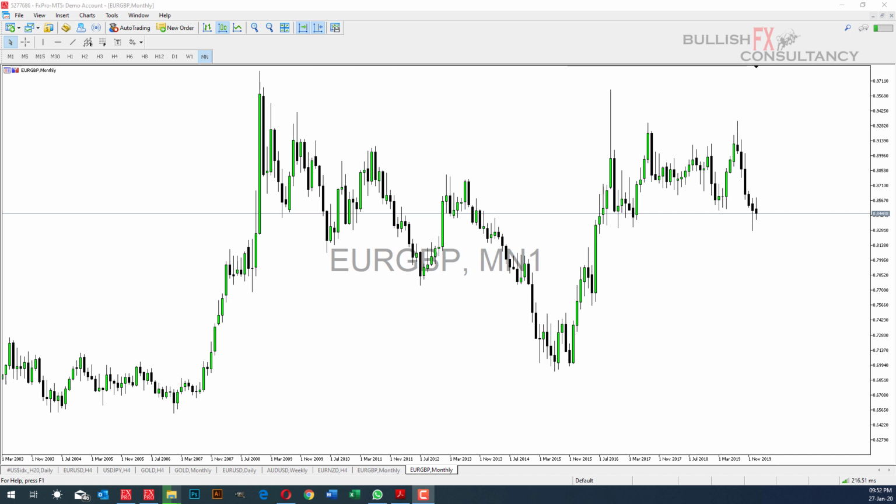So I did ask in the group this afternoon regarding this pair, what can you see on a monthly chart? I'm going to try to make this video as short as possible, preferably not more than 5 or 10 minutes. I asked what you see when you open the monthly chart for the euro against the pound.